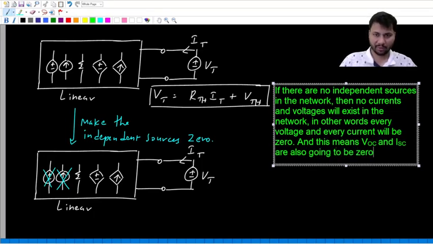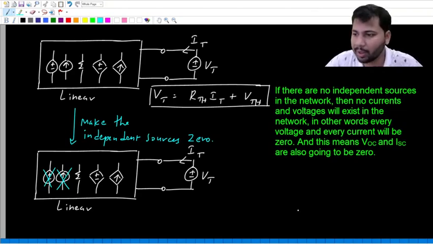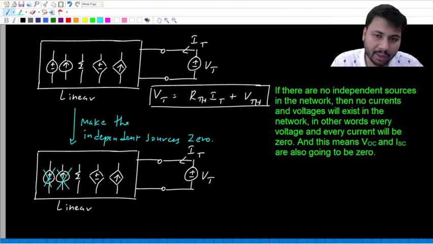When I say every voltage and every current is 0, that includes every voltage and every current. Even open circuit voltage and short circuit current will be 0 when there are no independent sources in the network. So directly we can say VOC and ISC are 0.